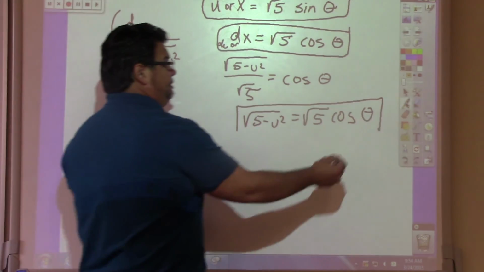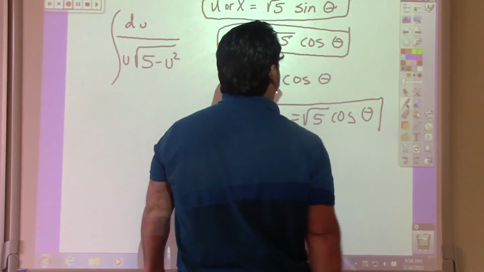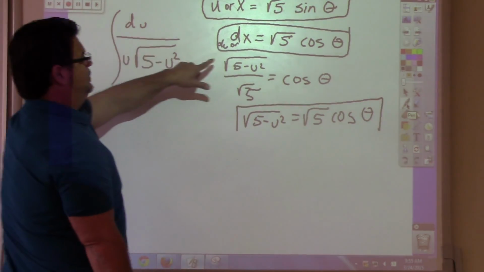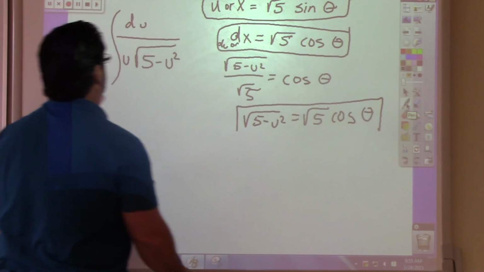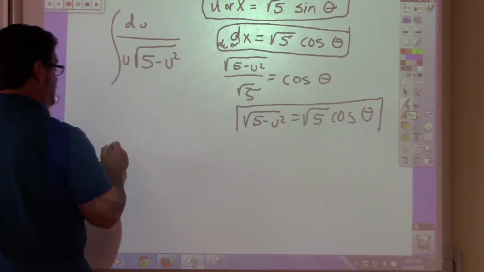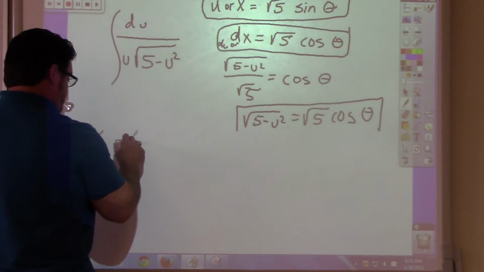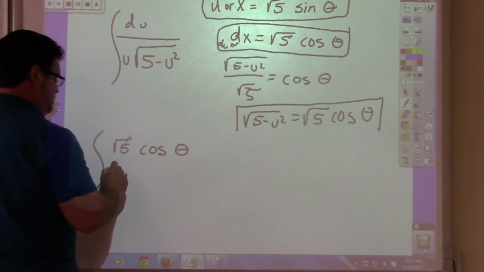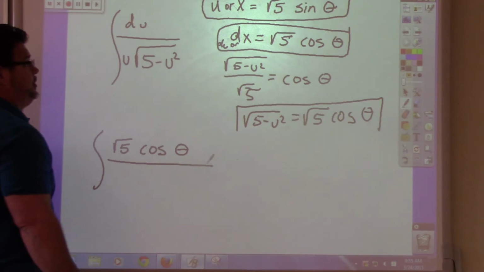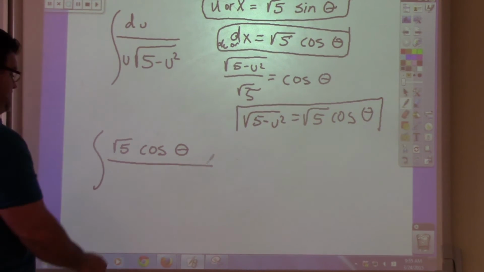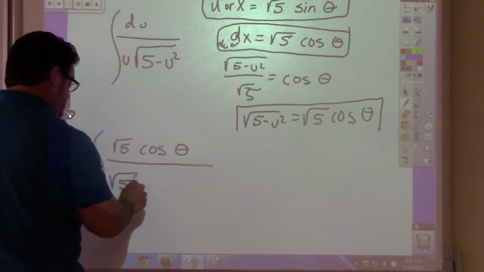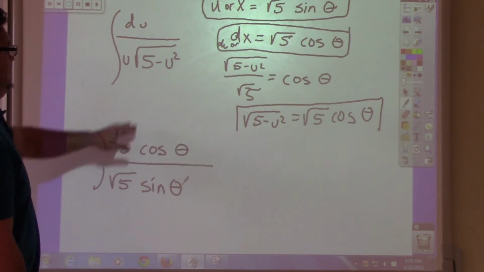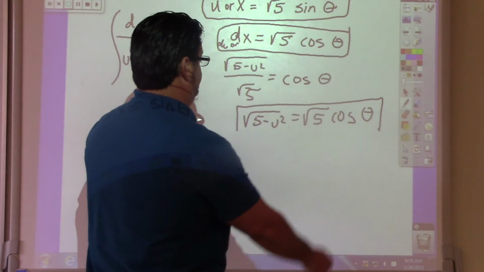All right. So, plug and chug. du is what? Square root of 5 cosine theta. That's right, class. Square root of 5 cosine theta over u, which is square root of 5 sine of theta, times this, which is what?